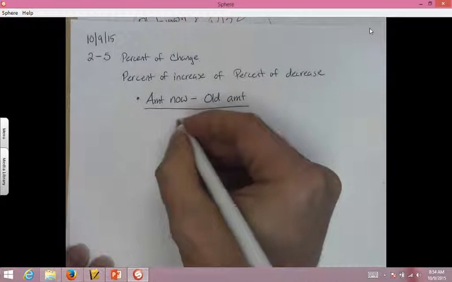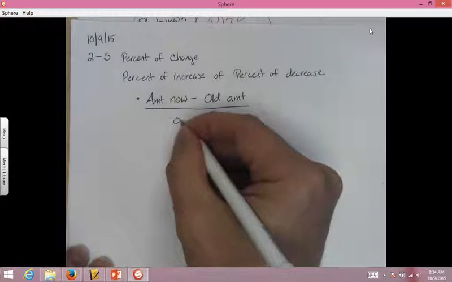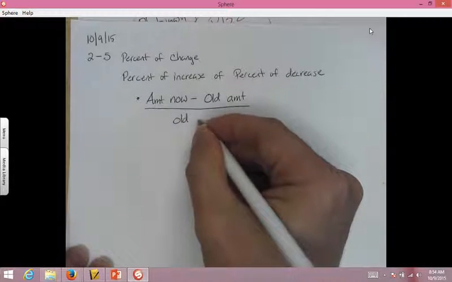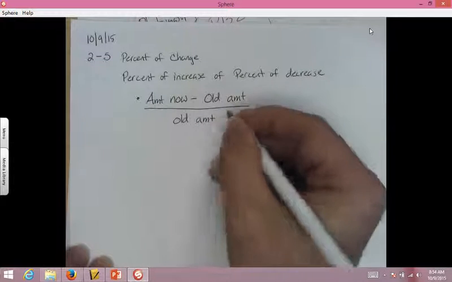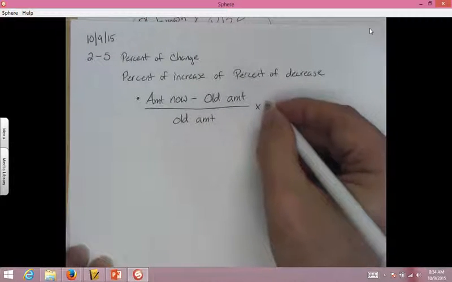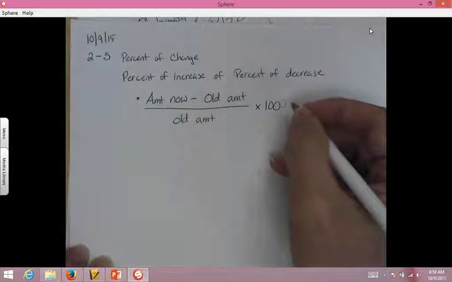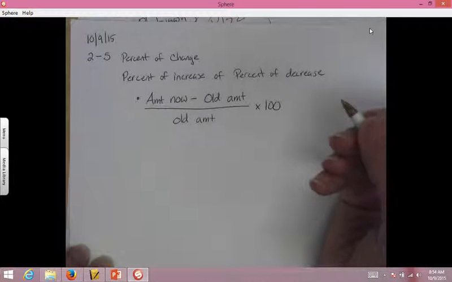We're going to divide all that by the old or original amount, and then whatever decimal we get, we're going to multiply by 100. That's going to make it a percent.